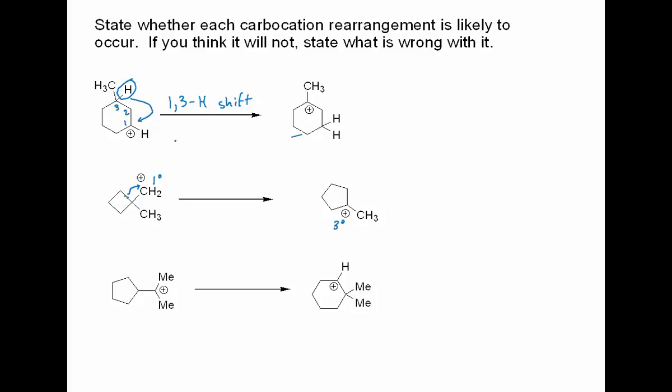Let's just remember here that secondary became tertiary. So that's good in that respect, but not so good because it's a 1,3 shift. If you look at the shift, it's coming off of the second carbon or the beta carbon, so it's a 1,2 alkyl shift. And it's a 1,2 alkyl shift producing a more stable carbocation. It's wonderful. It's supposed to happen.